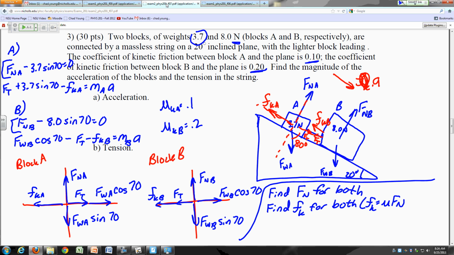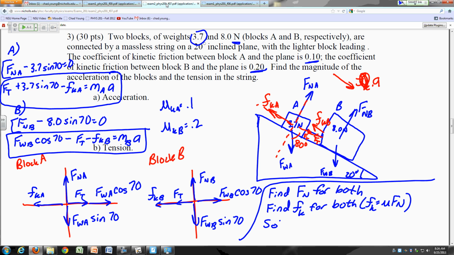So find FK for both. And then you're going to solve this equation and this equation. So you're going to solve the system of equations, just like we did before, where you solve one for one variable, plug it into the second one, and then solve it for that second variable.